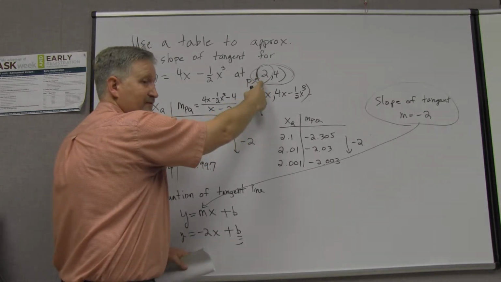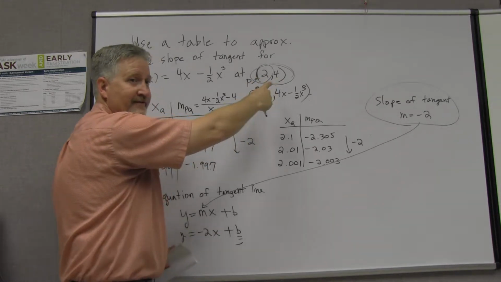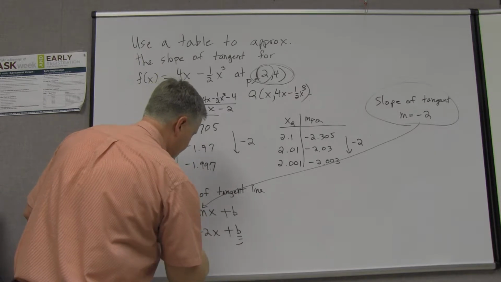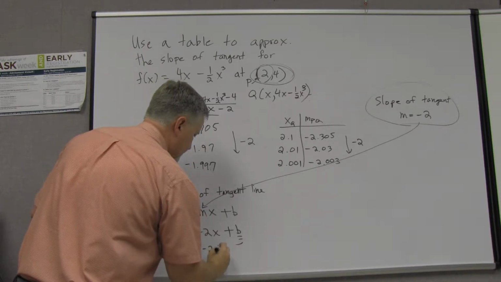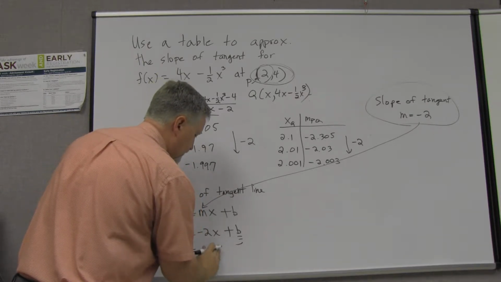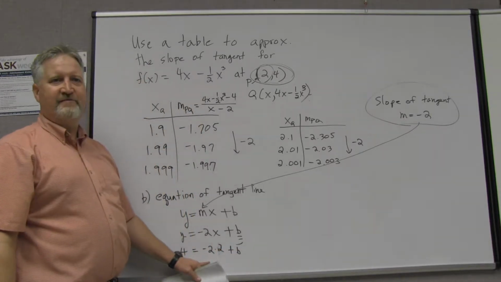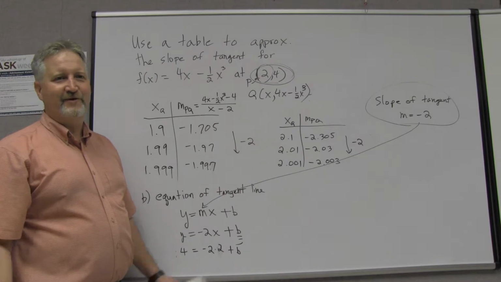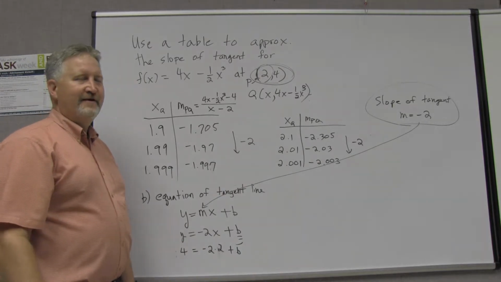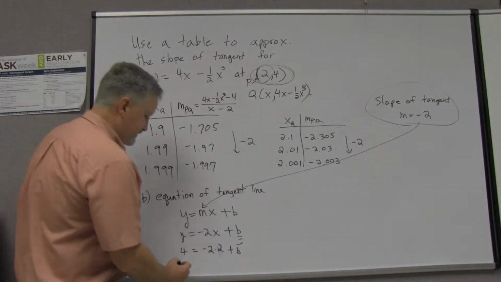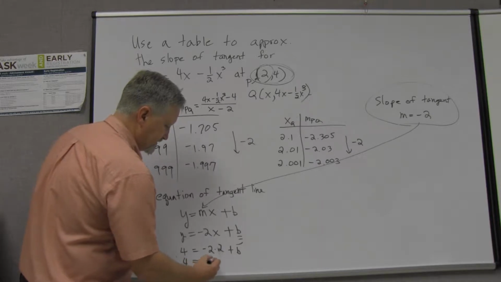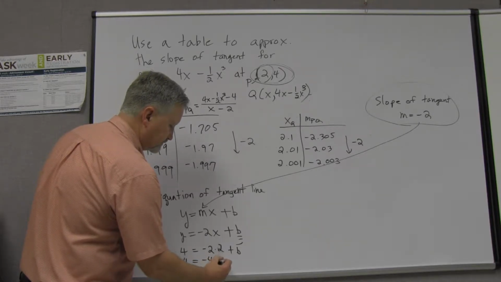So plug in x to be 2, y to be 4. You with me there? That'll allow me to find b. So that's how I usually do it. I mean, you can use point slope form if you want to, and that's fine, but this is the way I usually do it.